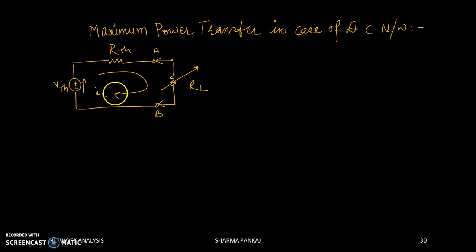Now, the load current IL for the circuit is given as VTH upon RTH plus RL.